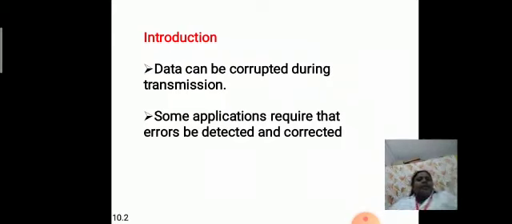Some applications require that errors be detected and corrected. So see here, suppose if our information is very normal, very simple thing, if we are modifying the information in some form, it won't be a very big issue.